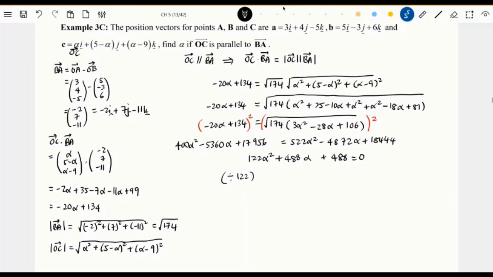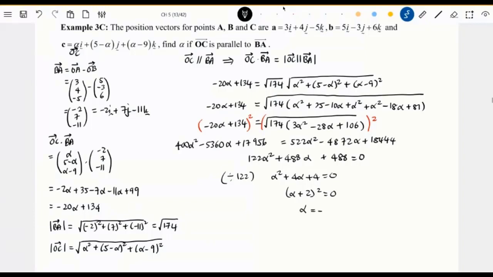Alright, so kalau yang ini, kita akan dapat alpha square plus, dapat bagi kan? 4 alpha. Boleh. Alpha square plus 4 alpha plus 4. Okay. So factorize dapat alpha plus 2 square equal to 0.